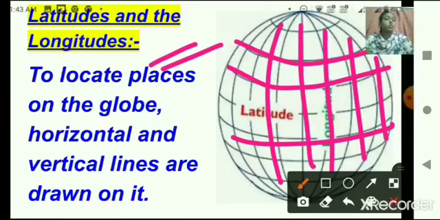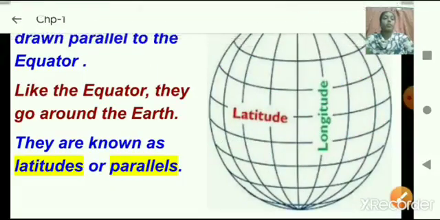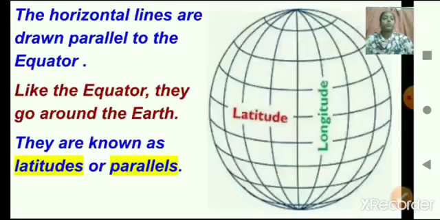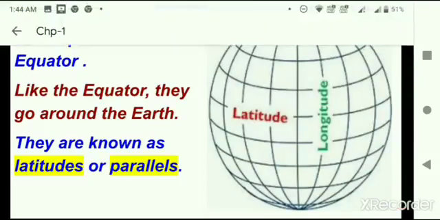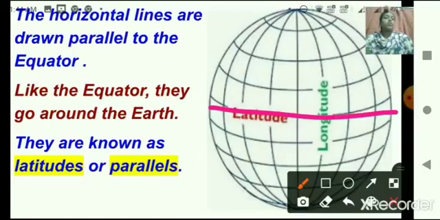Now what are they? Horizontal lines, what are they called? And vertical lines, what are they called? Let us see. The horizontal lines are drawn parallel to the equator. We all know the equator is in the center of the earth.